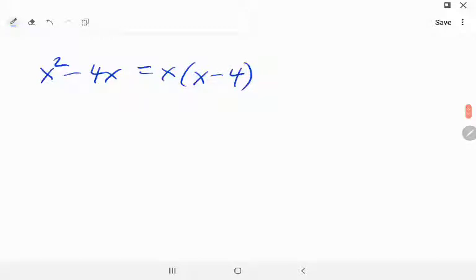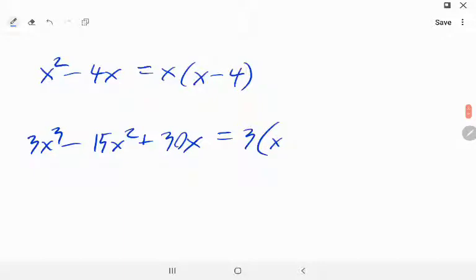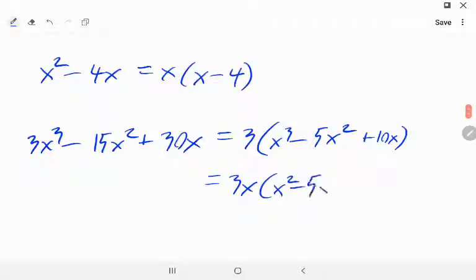If we saw something a little more complicated, like 3x cubed minus 15x squared plus 30x, now we have a common factor of 3 and a common factor of x. We don't necessarily have to do it all at once. We could pull out the 3, which leaves behind x cubed minus 5x squared plus 10x, and then pull out the x. So we get 3x times the quantity x squared minus 5x plus 10.